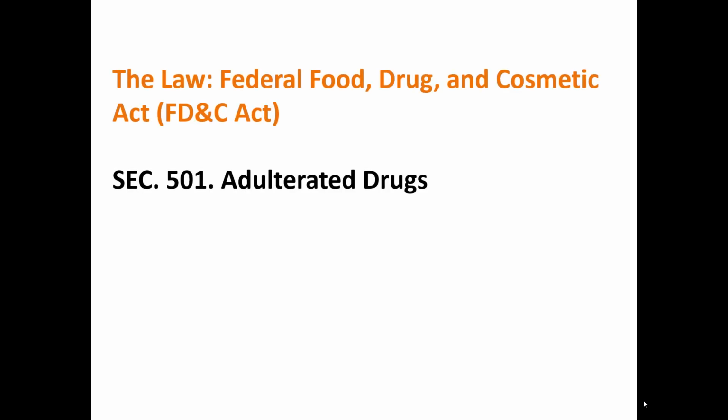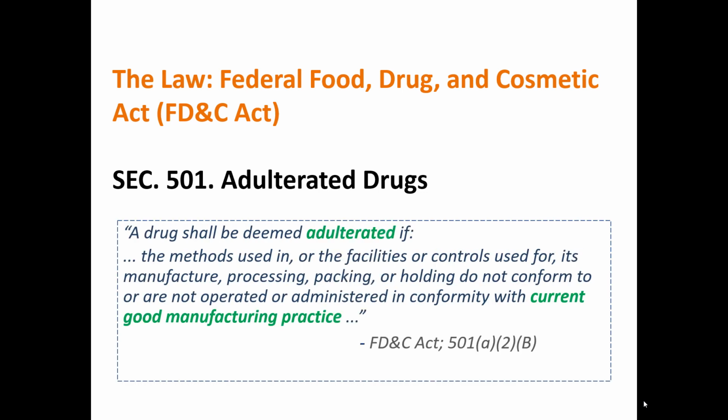The principal law in the US is the Federal Food, Drug and Cosmetic Act, and within that, in section 501, it talks about adulterated drugs. This is taken directly from that law, and it states: a drug shall be deemed adulterated if the methods used in or the facilities or controls used for its manufacture, processing, packing or holding do not conform to or are not operated or administered in conformity with current good manufacturing practices.